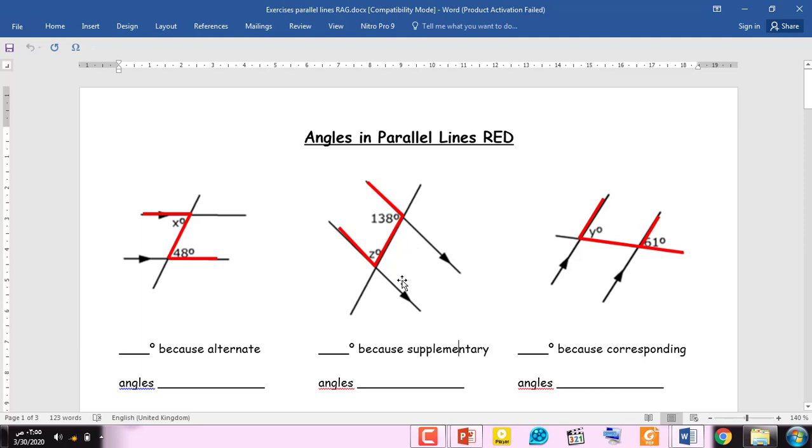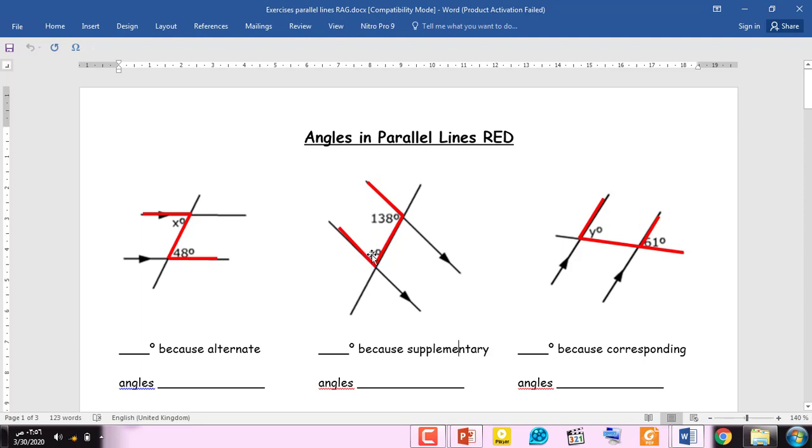For the second one, we have a C shape or U shape, and when I add these 2 angles, I will have 180. So I can call these 2 angles 138 degrees and Z. These 2 angles are supplementary or interior angles.